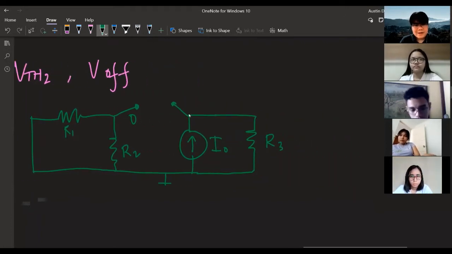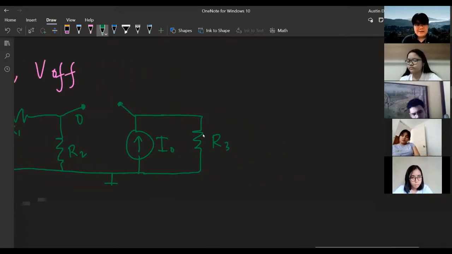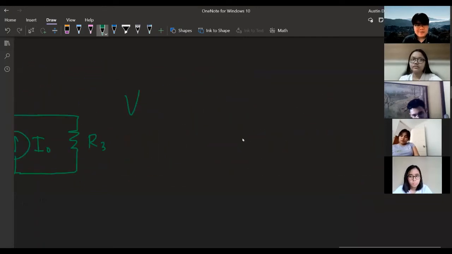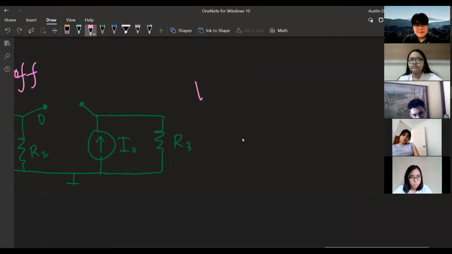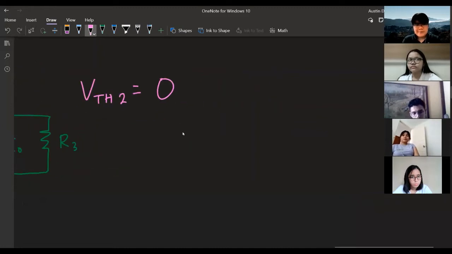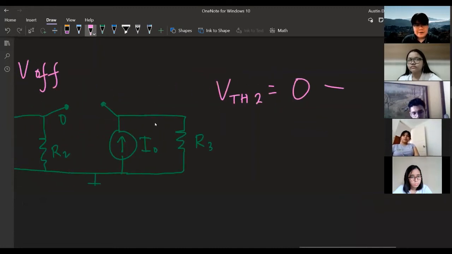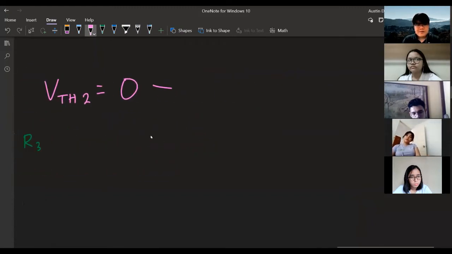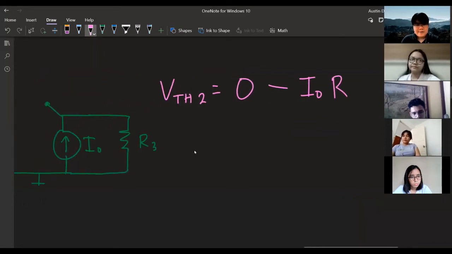Next would be calculating the voltage here. Okay, madali yung voltage dito kasi this is just your Ohm's law. So this guy is, rektahin na natin, VTH2. VTH2 must be equal to 0, itong part na to, minus this part, minus, and then the voltage here is just Ohm's law, I0 R. Okay?